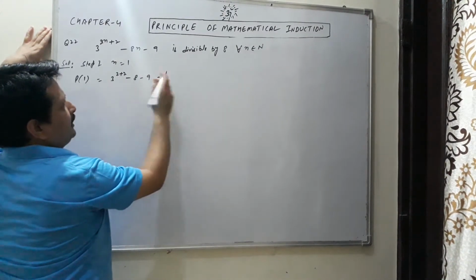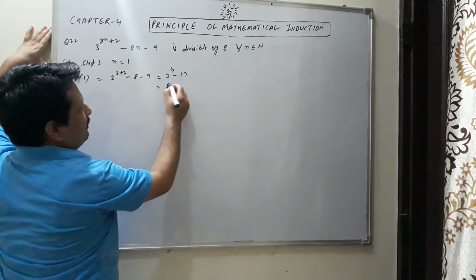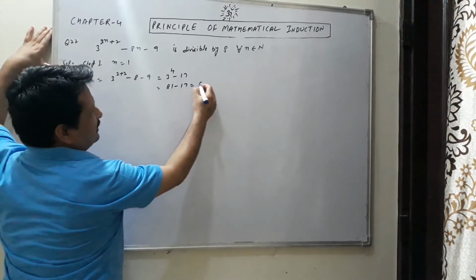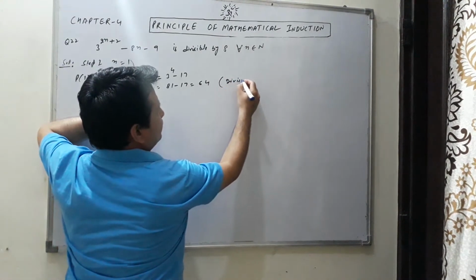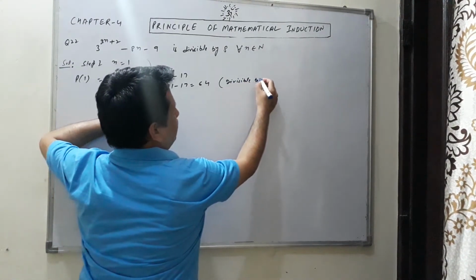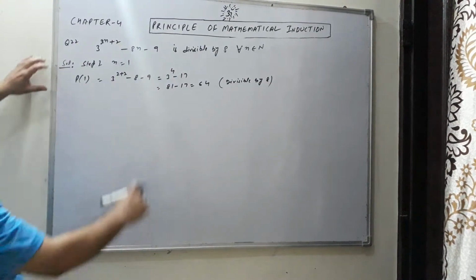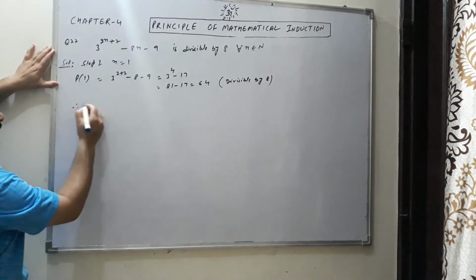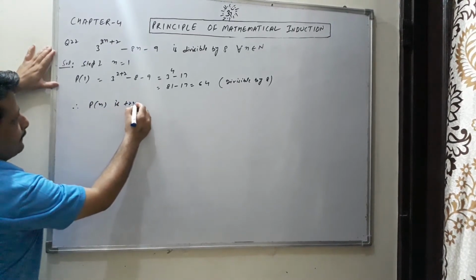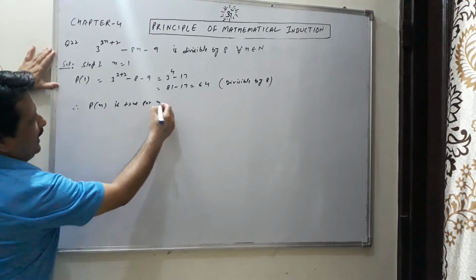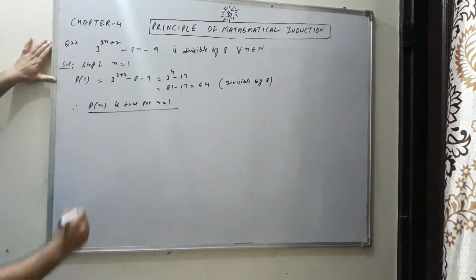It will come as 3^4 - 17, so it will come as 81 - 17, that is equal to 64, and it is divisible by 8. Clear, students? Therefore P(n) is true for n equal to 1. This is our step number 1.